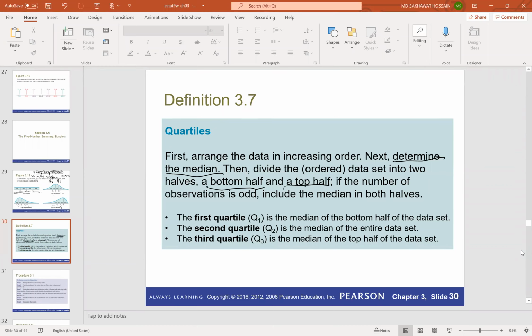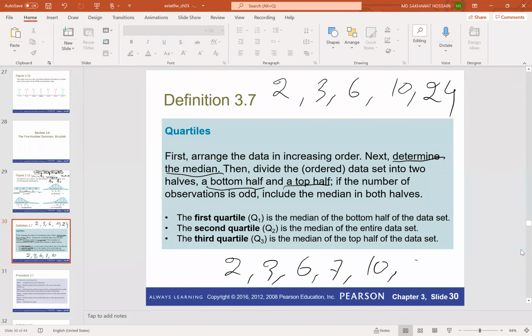For example, if we have this data set 2, 3, 6, 10, 24. And if we have another data set 2, 3, 6, 7, 10, 24. So what is the median in the first case? In this case, the median is this one.